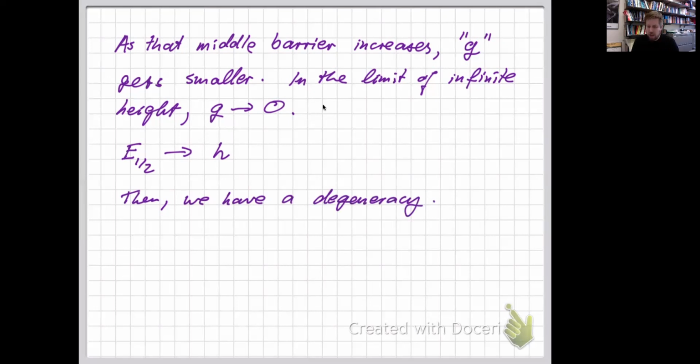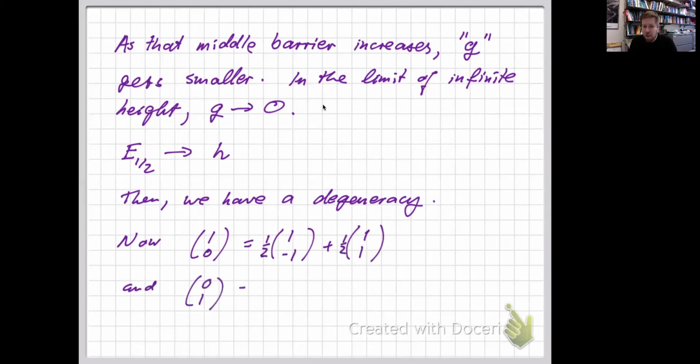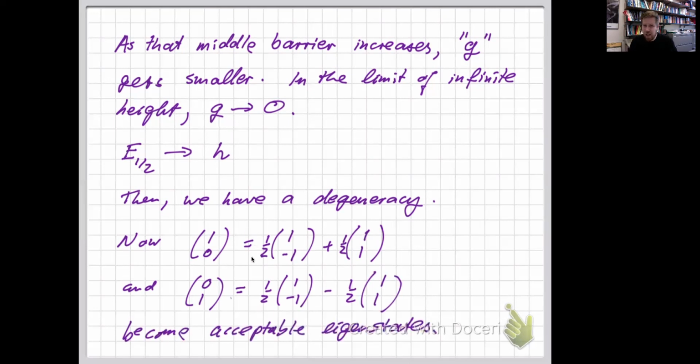We call that degeneracy. And now I can actually form linear combinations of the previous energy eigenstates, and that will still be an energy eigenstate. So if we have a degeneracy, I can form these linear combinations, and only in that case of degeneracy do I get another energy eigenstate.